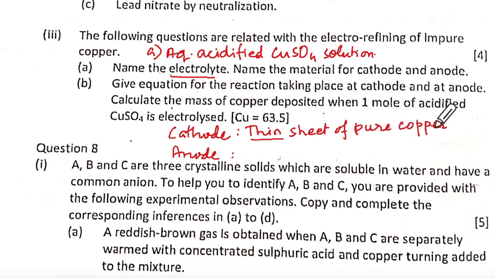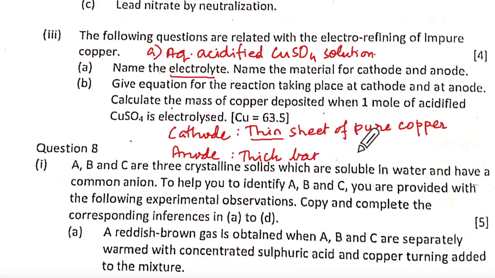Because I don't get pure thin, no? I get pure copper, but not pure thin. Okay. And anode will be what? Thick bar of impure copper.